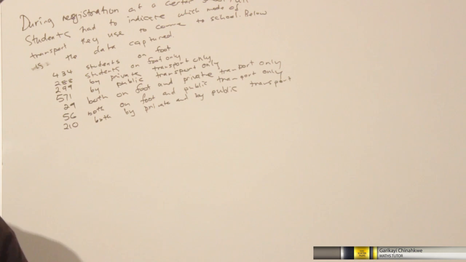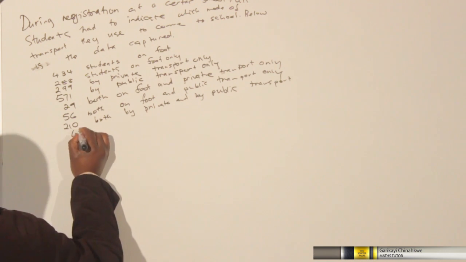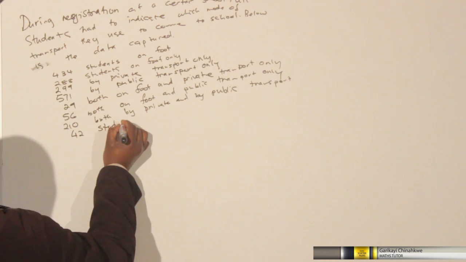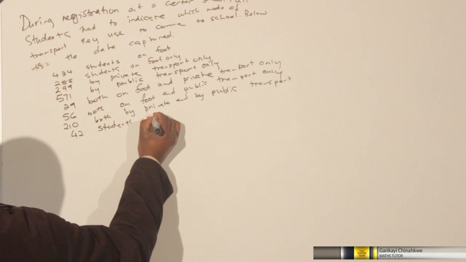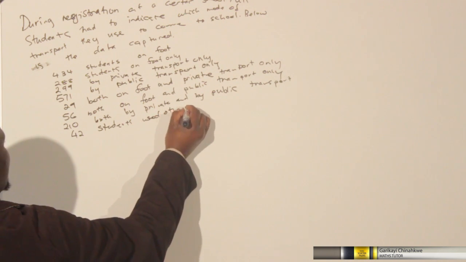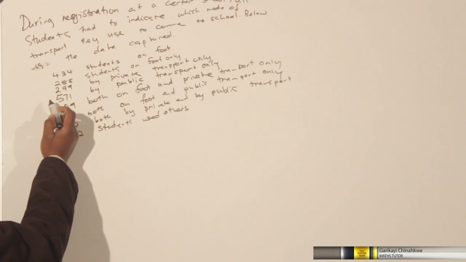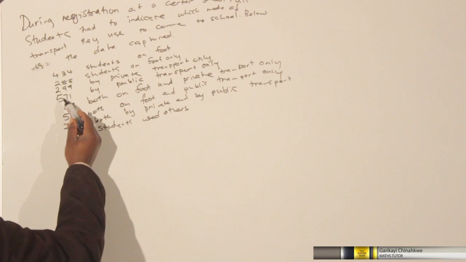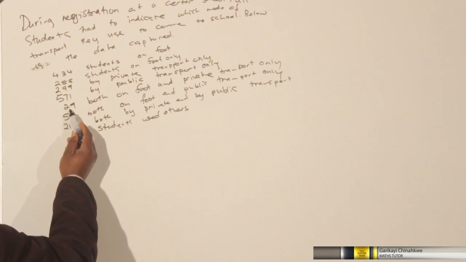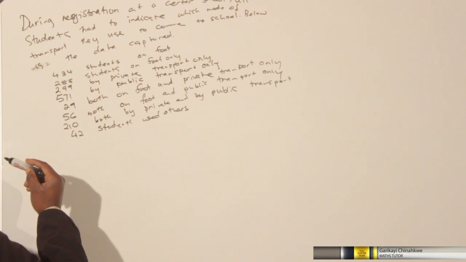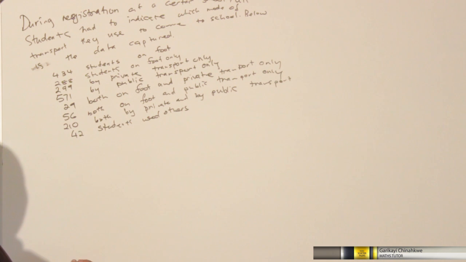Then 42 students used others. Okay, let me just cross check quickly. 434 students on foot, 288 students on foot only, 299, then 571 public transport, 29, and 56, and then 210, then 42 used others.